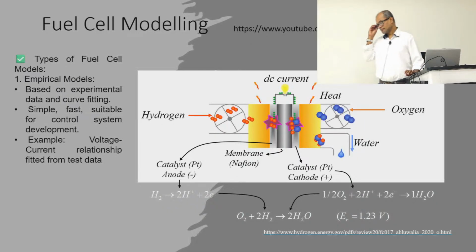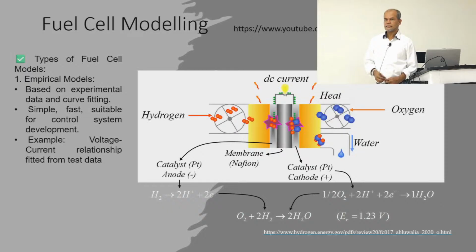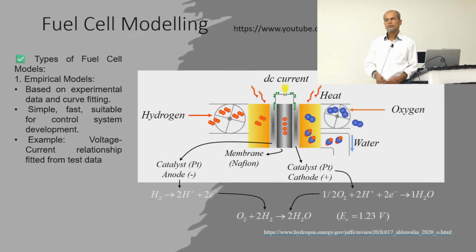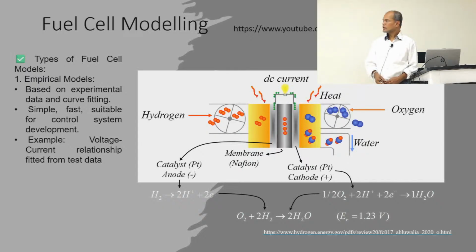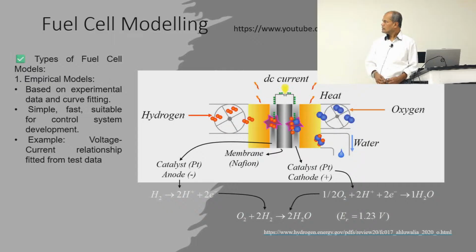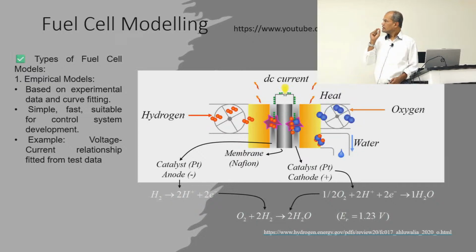Now, for fuel cells in the literature there are mostly 4 different types of models available, and the first one we call empirical models. The empirical model is mainly based on your lab experimental studies.